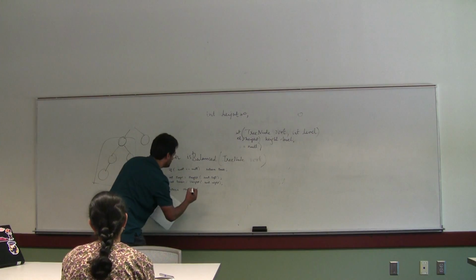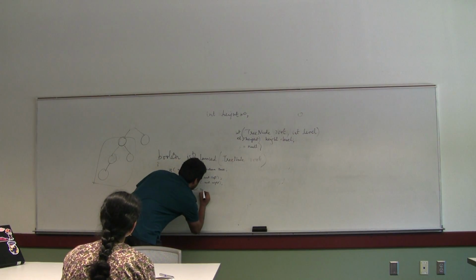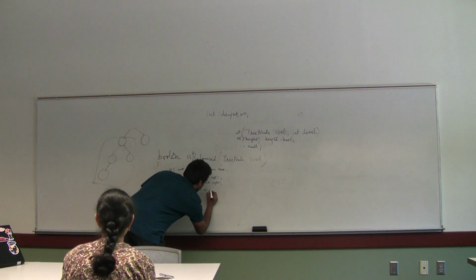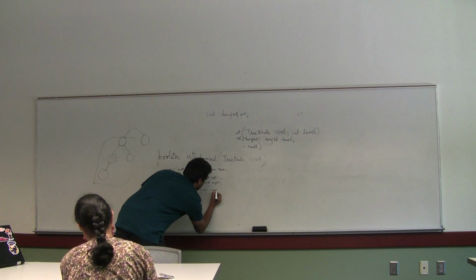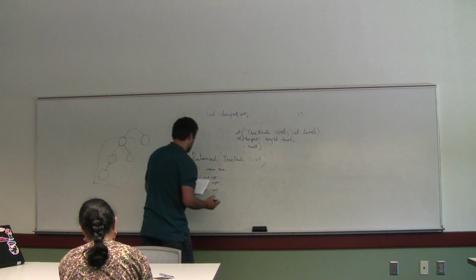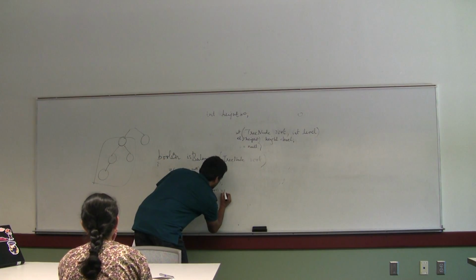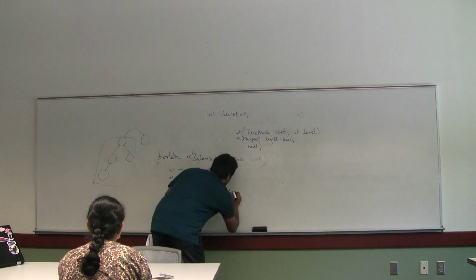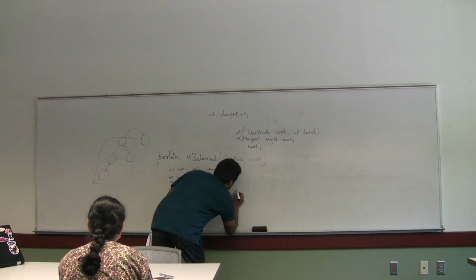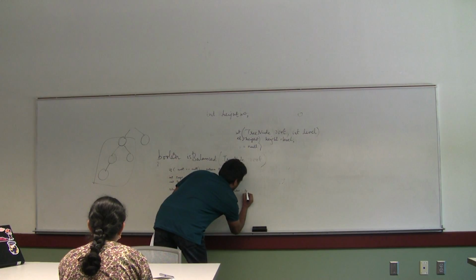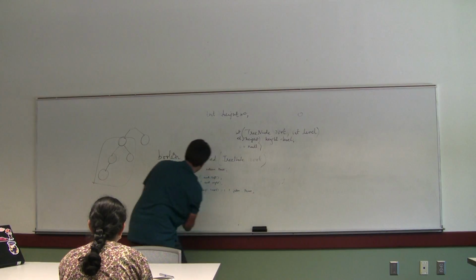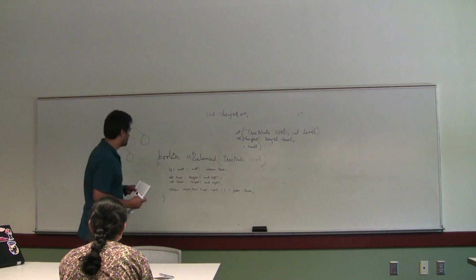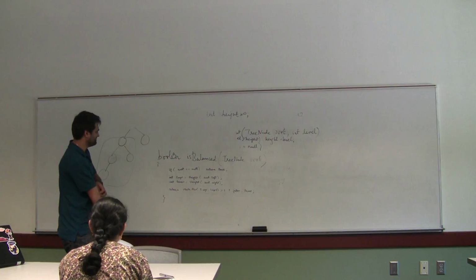I'm taking the absolute value between these two. If this value is greater than 1, then I can return false. Return true here. So I'm just missing, I think, if left and right are null.